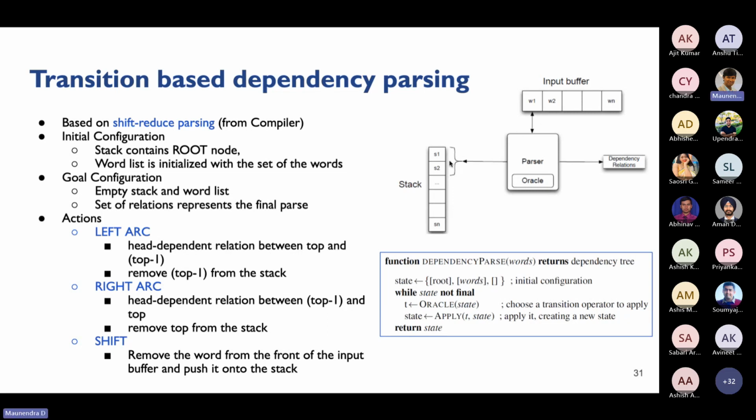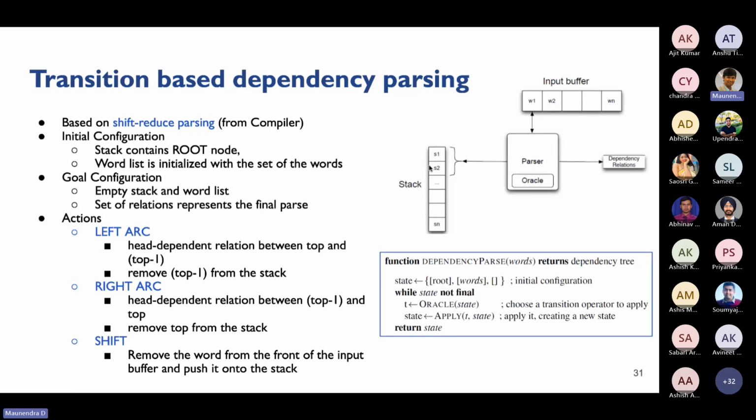It's a stack, so the word which comes first will be below and the word which comes next will be on the top. So when we are adding an edge from top to top minus one, that means we are adding an arrow which is going towards the left, right? Towards the word which has already come. So that's why it is called left arc.